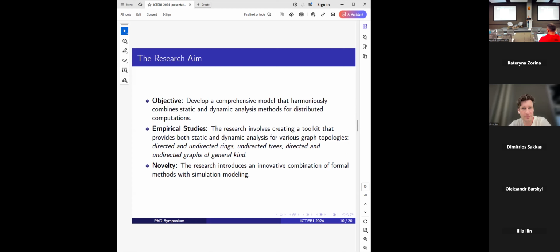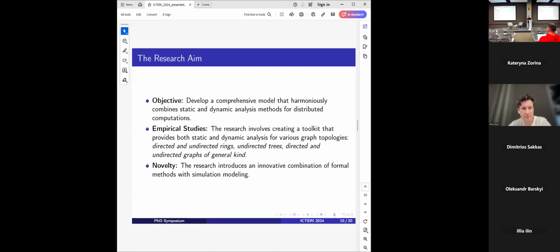Our research aims. The primary objective of our research is to develop a comprehensive model that effectively combines static and dynamic analysis methods for distributed computations. This approach aims to leverage the strengths of both techniques to create a more robust and versatile analysis framework.